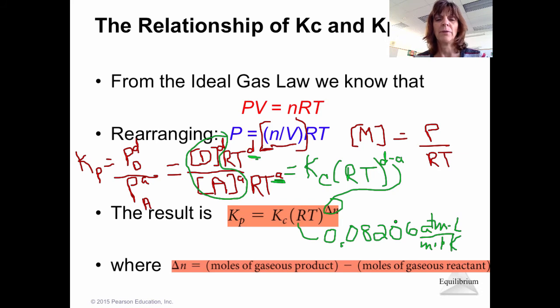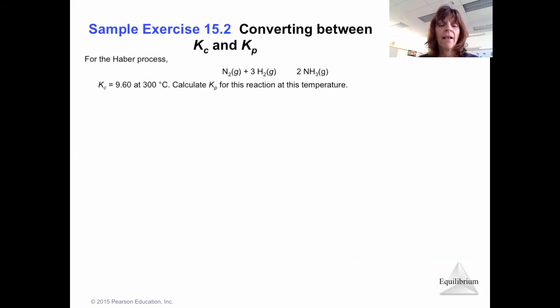Let's go through an example of this math. So for that Haber process, need to put in some arrows. Here's your equilibrium reaction. We know that Kc is 9.6 at 300 degrees Celsius. So let's calculate Kp at that temperature.